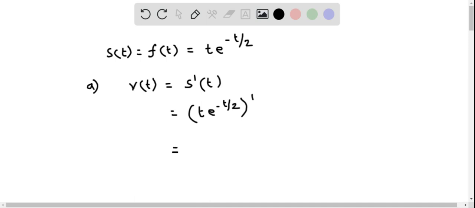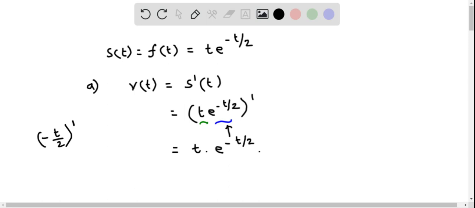And so here we can apply the product rule to find the derivative of this expression. So consider the first one as t and the second term as e raised to the power of negative t by 2. So first I write down the first term as it is, multiply with the derivative of e raised to the power of negative t by 2, which is e raised to the power of negative t by 2, and then apply the chain rule to find the derivative of negative t by 2.